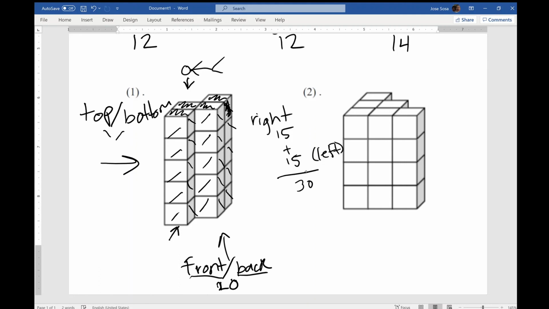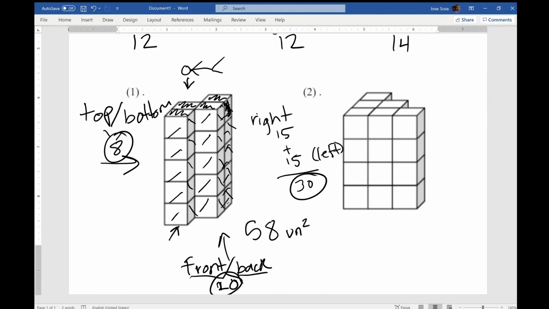So together they make up 8. Okay, and so if we add the 30 and the 20 and the 8, we get 58 units squared, because it's surface area.